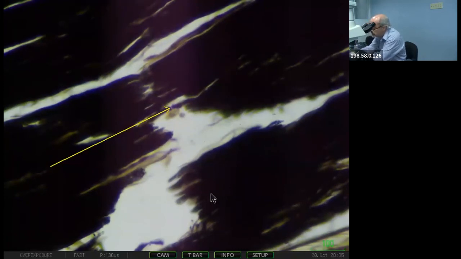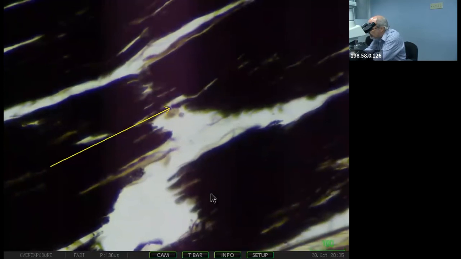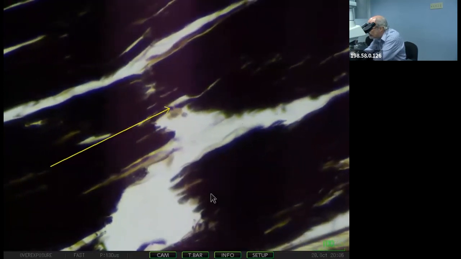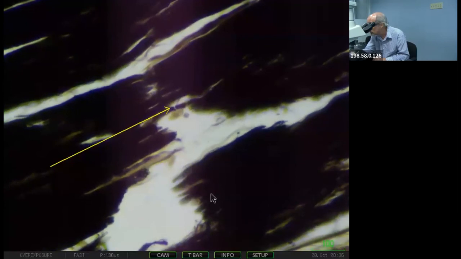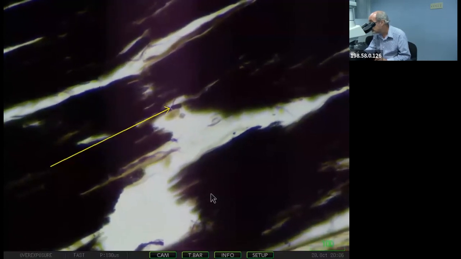You have a little gap, and this one is a little bit more convincing. It's probably a node of Ranvier. Okay, you can see that one. See the little whitish area at the tip of the arrow.